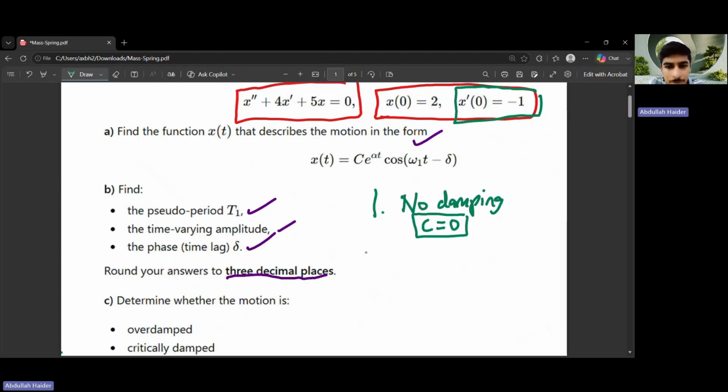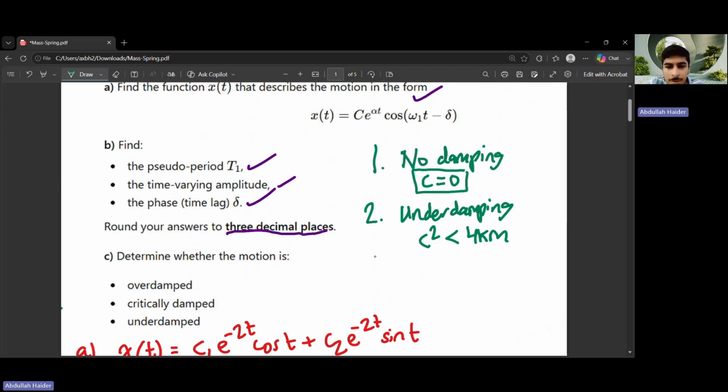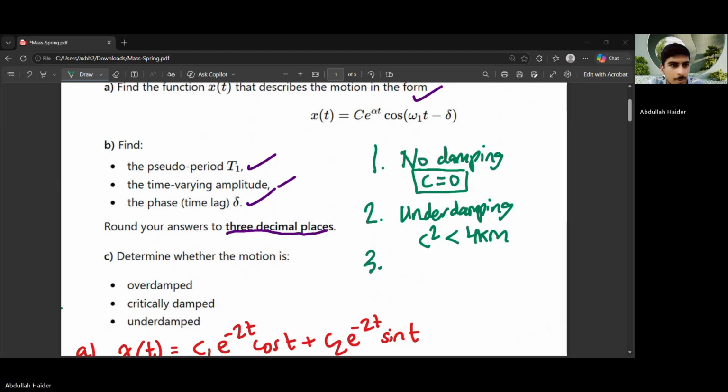Then case 2 is underdamping. Underdamping is when C squared is less than 4km.